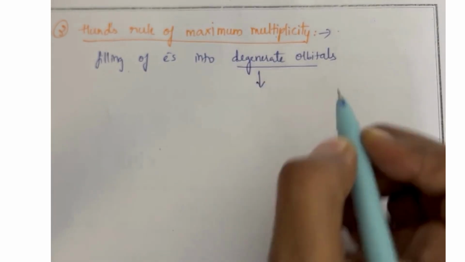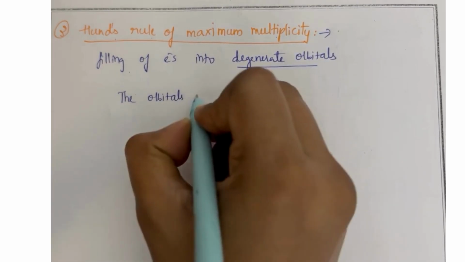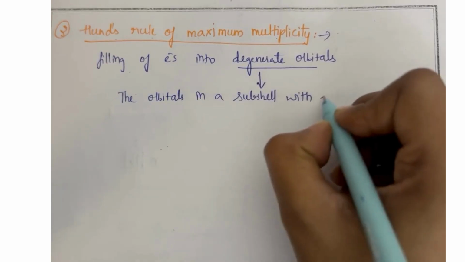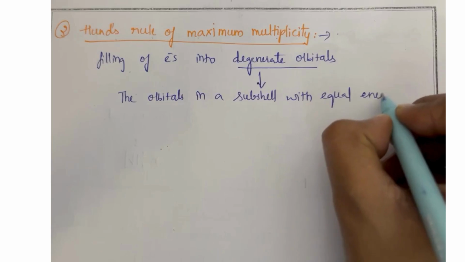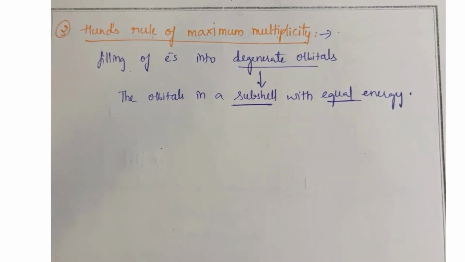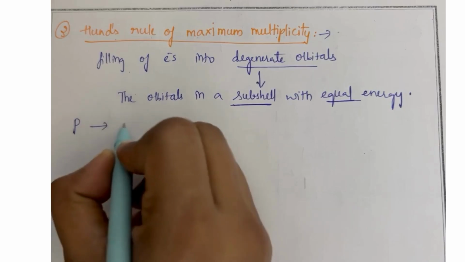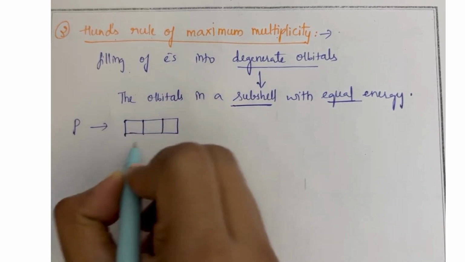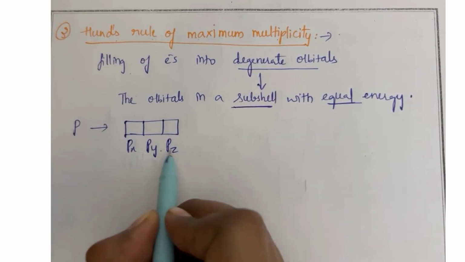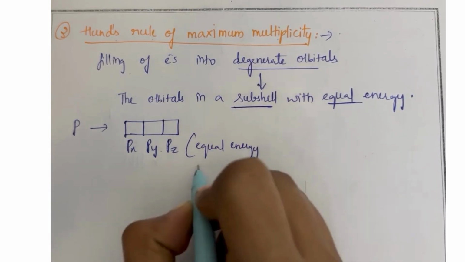The orbitals belonging to a subshell which have equal energy are called degenerate orbitals. Suppose you look at the p subshell, it has 3 orbitals. What are they? px, py and pz. Now these 3 p orbitals are of equal energy and hence they are called what?